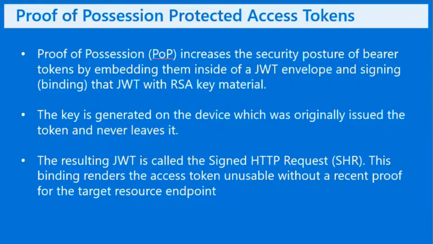So when we get back our access token, that access token contains that public key. Then we take that private key, we create a new JWT token that wraps the original access token that was returned, and we sign that JWT using the private key. So now I have an envelope signed with the private key, but inside the token is the original access token with the public key. Our server software has also been updated to validate this kind of token.